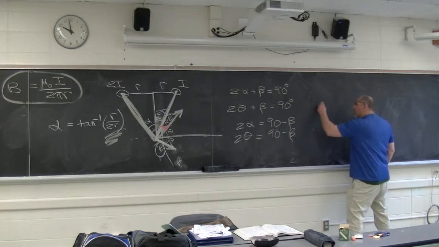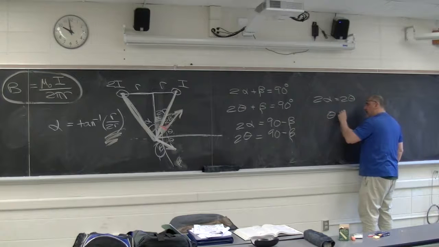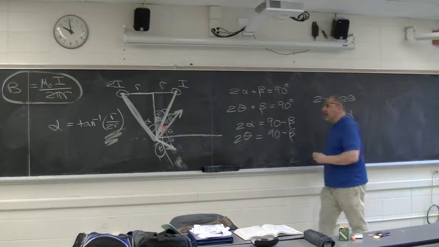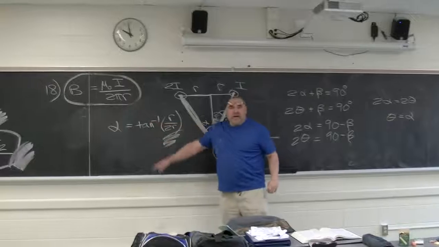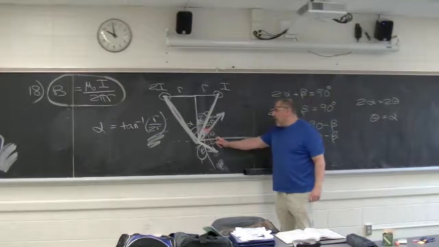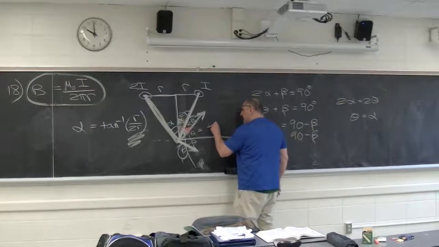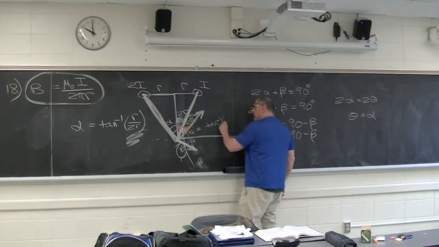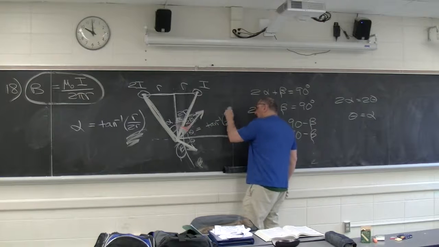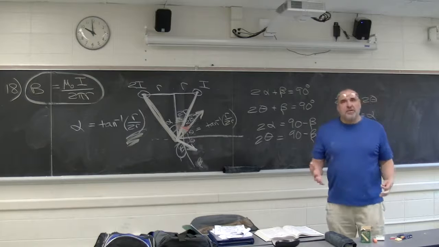Well, wait a minute. 2 alpha equals 2 theta, theta equals alpha. Okay, that was definitely quite the adventure, but here we go. We got this guy, he's going to be equal to the inverse tangent of this. When you get it, you're going to wheel and deal, and you're going to do all the stuff you know how to do.